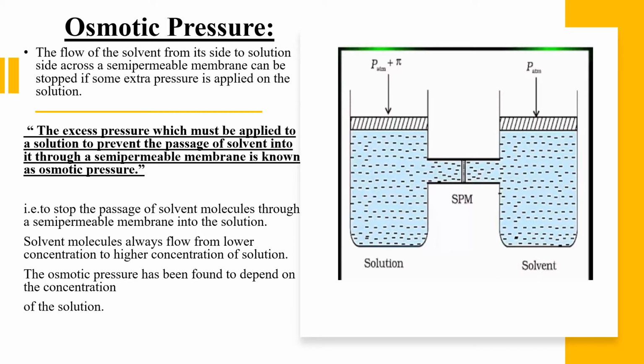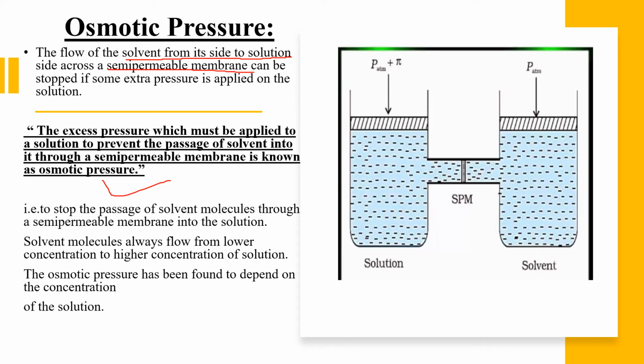Because osmosis is the process of flow of solvent from its site to the solution site through a semi-permeable membrane, and this flow can be stopped by applying some extra pressure. So the excess pressure which must be applied to a solution to prevent the passage of solvent into it through a semi-permeable membrane is known as osmotic pressure.